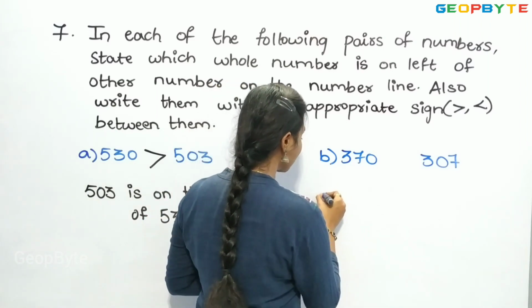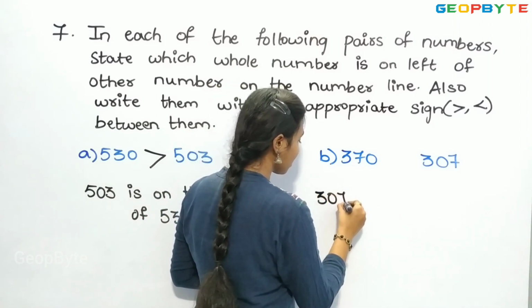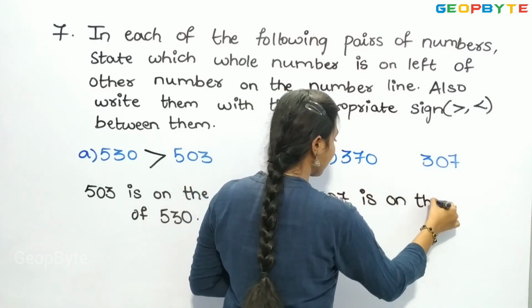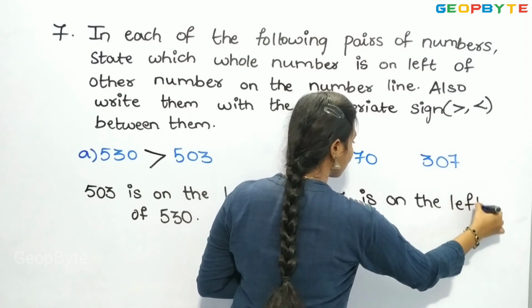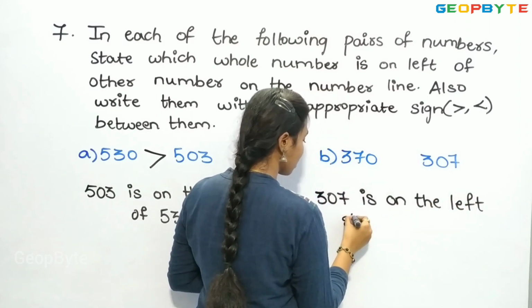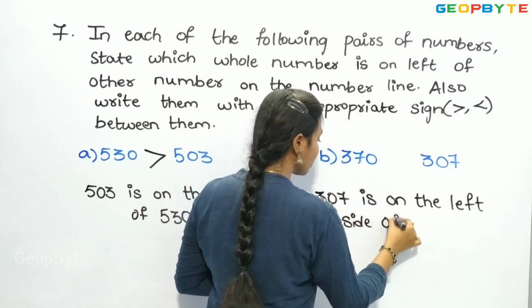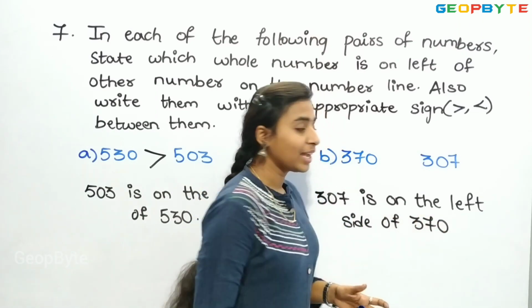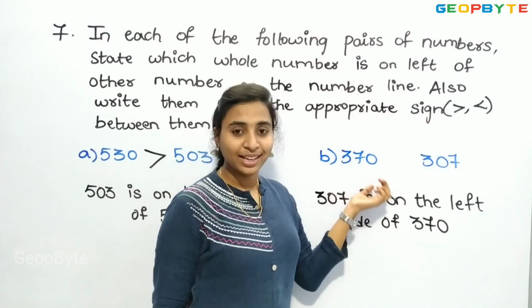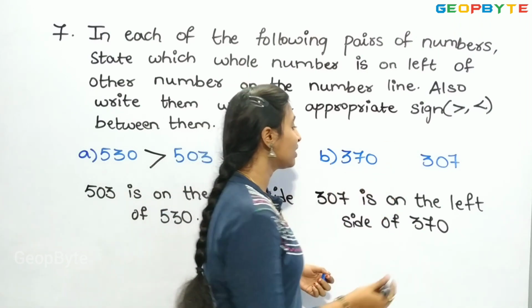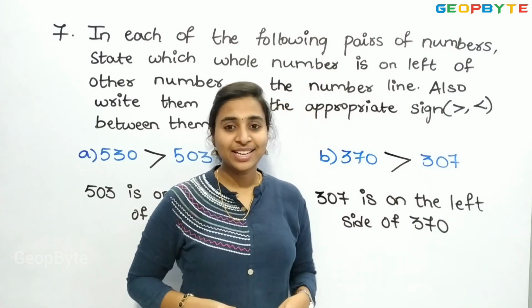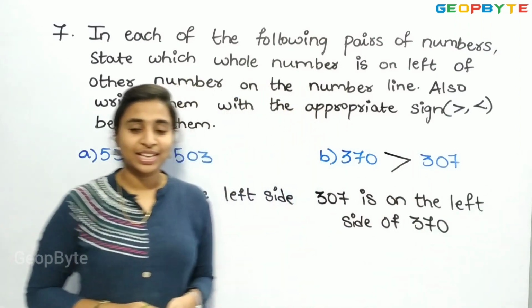So, 307 is on the left side of 370. That is, 370 is greater than 307, right? So let us put the greater than symbol. 370 is greater than 307.